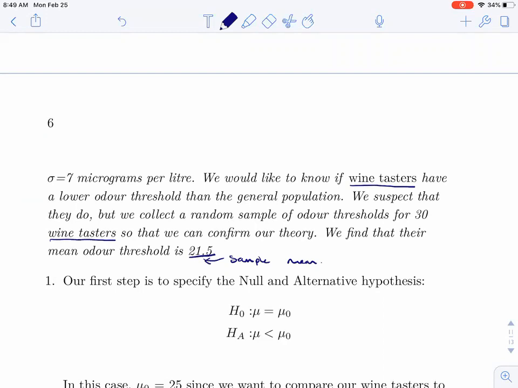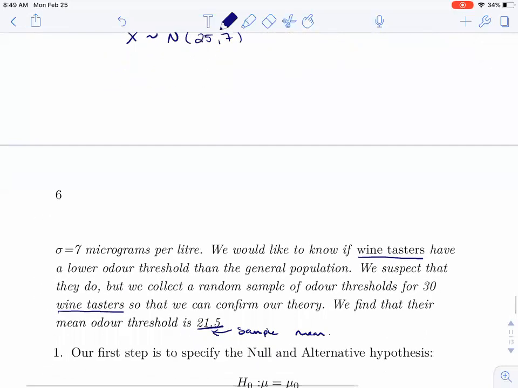We know that 21.5, compared to 25, 21.5 is less than 25. That's a fact. What we want to know is, is it significantly less than 25? And that's the whole goal of hypothesis testing. So you found this value, 21.5.